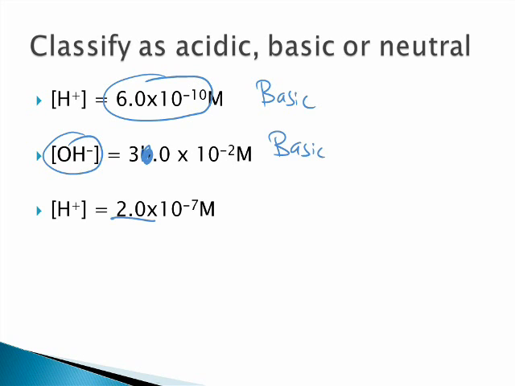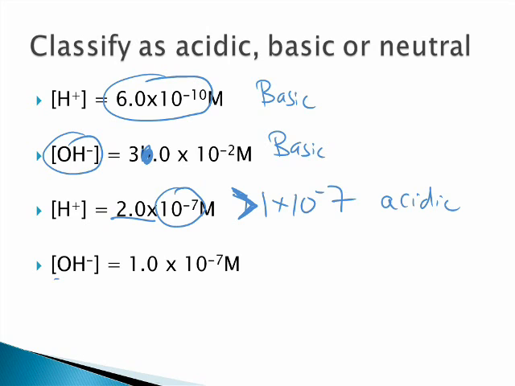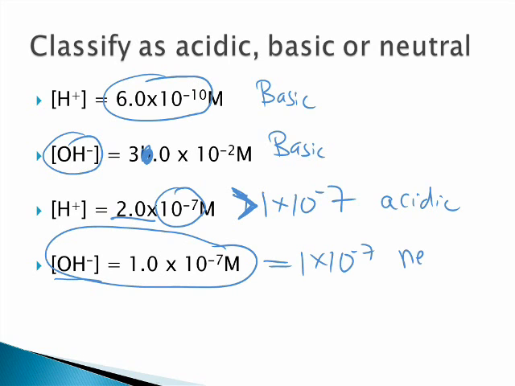This one is greater than 1 times 10 to the minus 7, and since it's greater than 1 times 10 to the minus 7, that means it's acidic. The hydroxide ion is equal to 1 times 10 to the minus 7, so that means it's neutral.